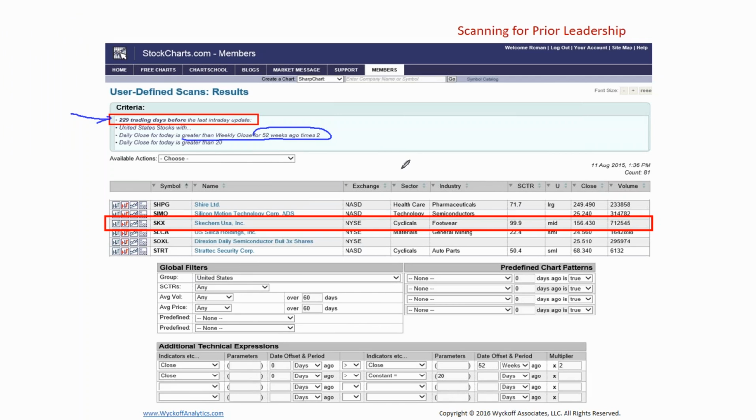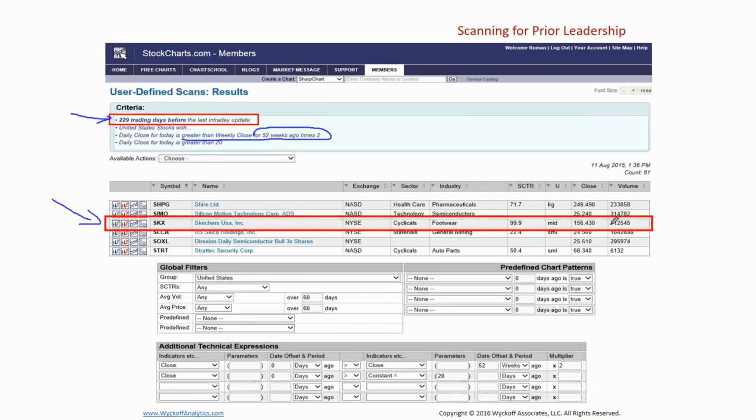What that does, again, is give me the stocks that are going to outperform during the rally that this particular stock has had.